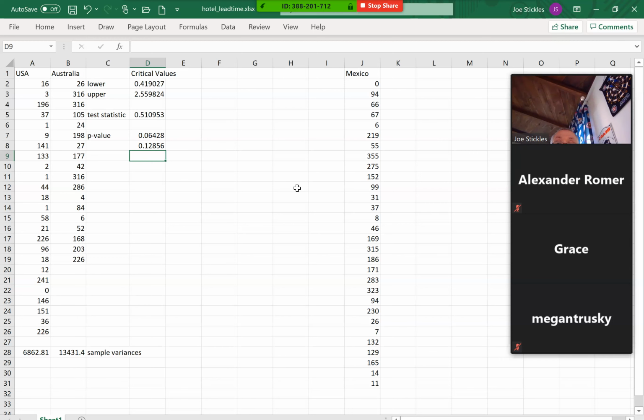For the F distribution, for the normal, the mean is usually 0, 1. If it's standardized for an F distribution, is that mean supposed to be 1? No, the mean depends on lots of different things. The mean depends on what the degrees of freedom are for the top and bottom.